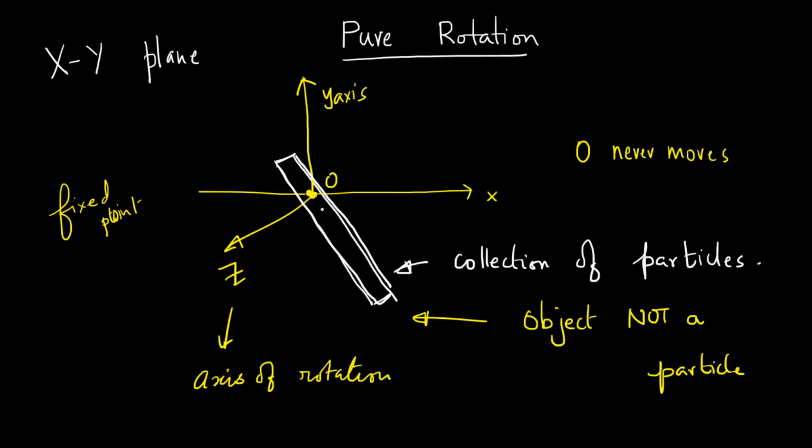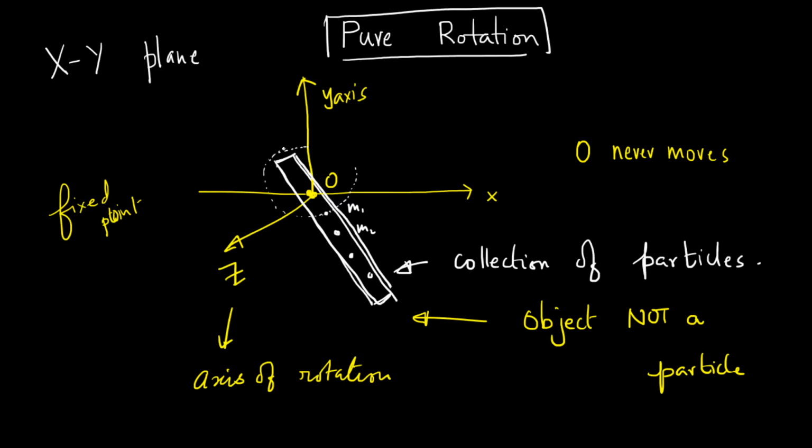So here we go. There are many particles here. Okay, and now what you quickly understand in pure rotation is that these particles, let's call them m1, m2, something, are always at the same distance from the origin, and their motion is in the form of circles.